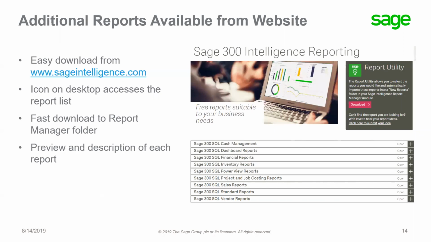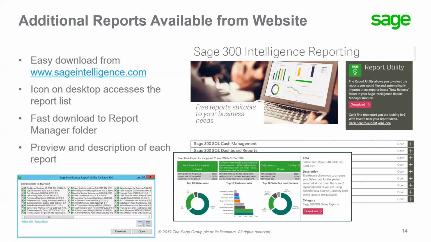sageintelligence.com. So you can do a couple things. You can either download each report right there, or you can download the report utility onto your desktop. So each user with that utility can, as they think of a new report, just click on the utility button, which basically looks like this, and they can download or look for a report that they need to see. We have an example of the report, and you can see on the far left that screen that shows you a list of all of the reports.